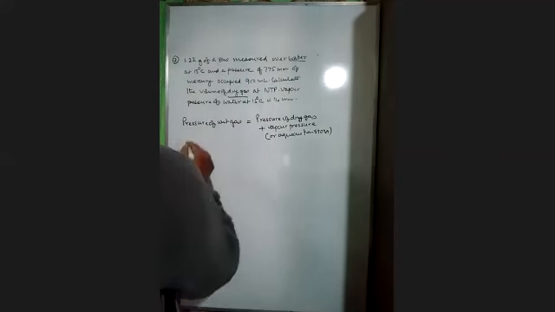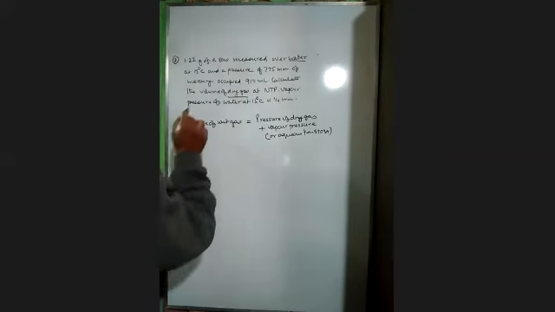So what do you have to do now? 1.22 grams of a gas measured over water at 15 degrees Celsius and a pressure of 775 millimeter of mercury occupied 900 ml. Calculate the volume of the dry gas at NTP.